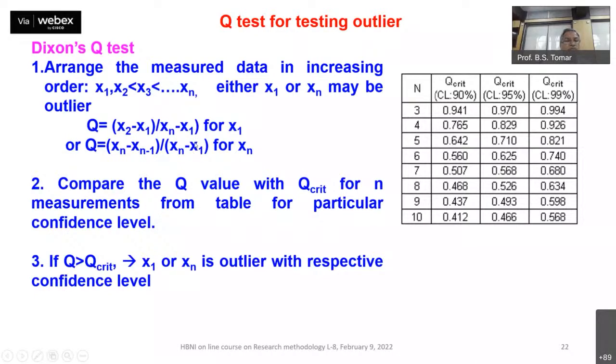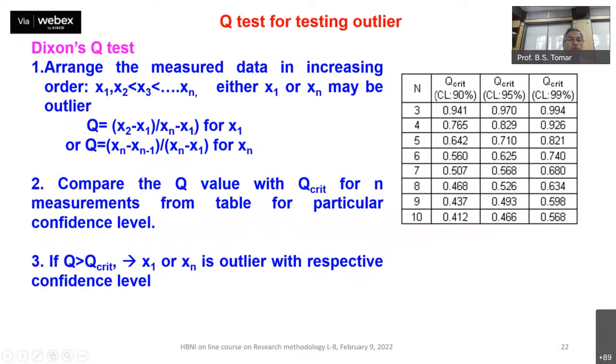And then you compare the Q value with the critical value of Q, which is given in this table. The critical value of Q is for different confidence levels, 90%, 95%, 99%, for n number of measurements, so how many measurements you have done. And from there, you find out. If Q is more than Q critical, then it is an outlier.